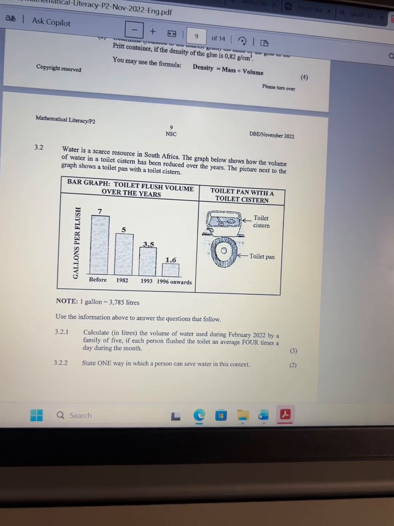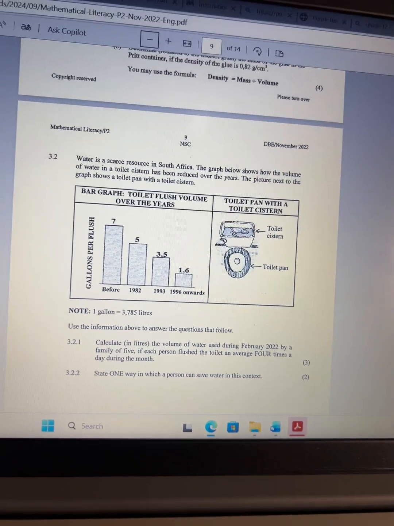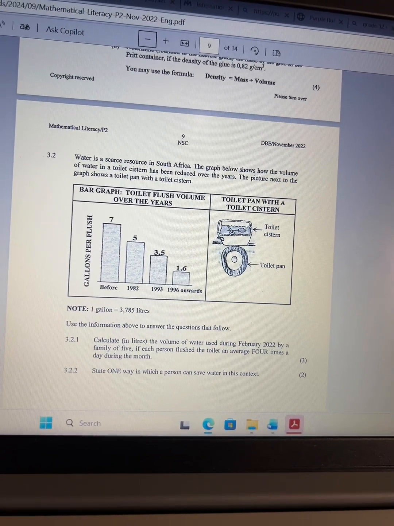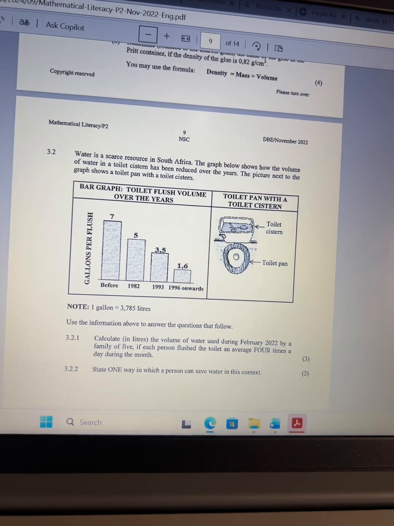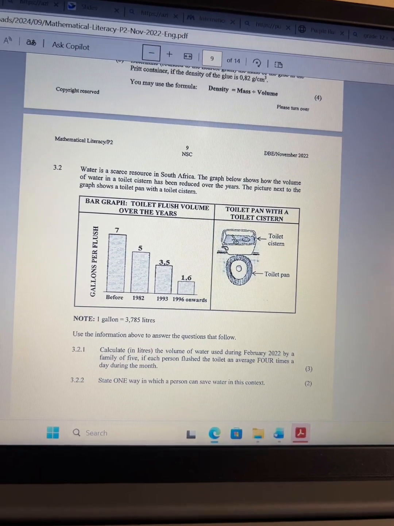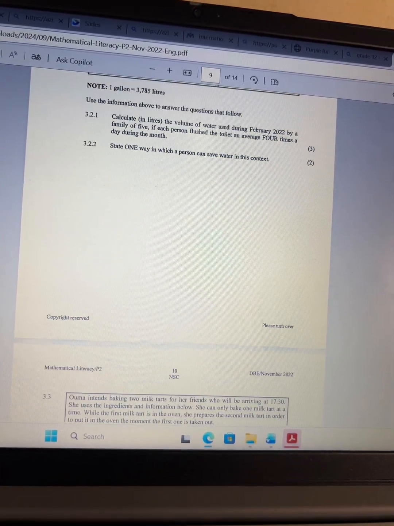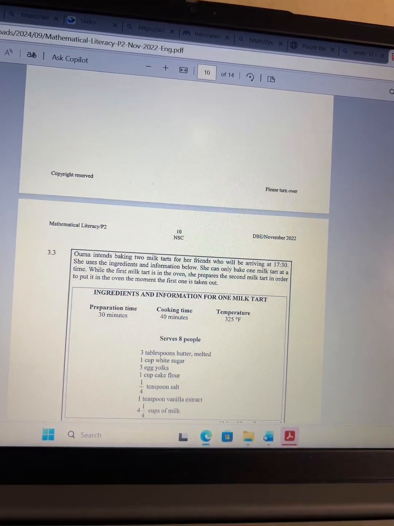But if not, they can use the rest of the water. But if it has been washed, you can stop and use only the amount of water that was needed during that flush instead of using the whole tank. And then let's proceed to the next question.